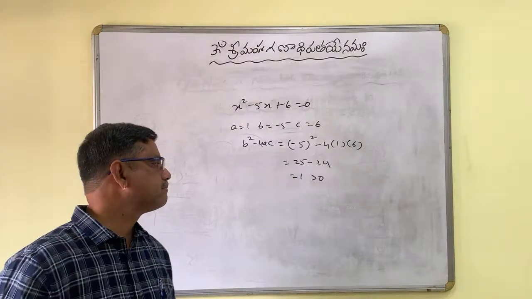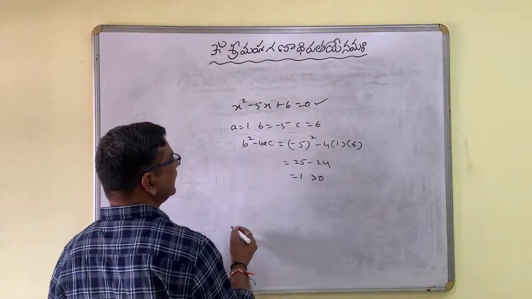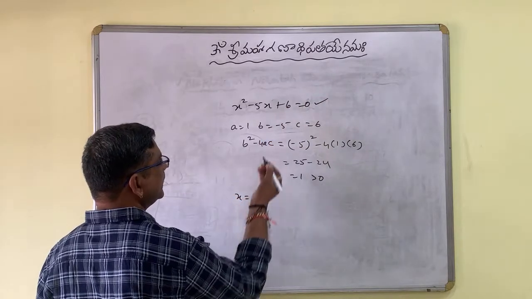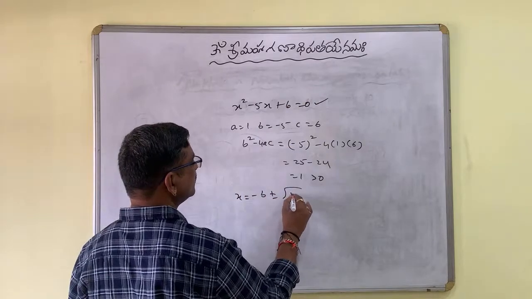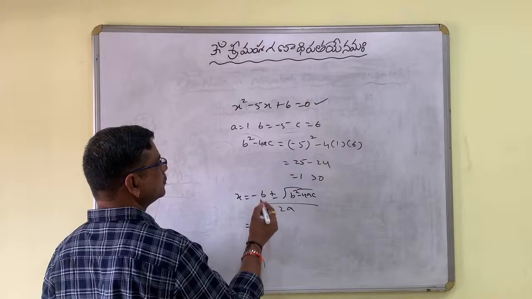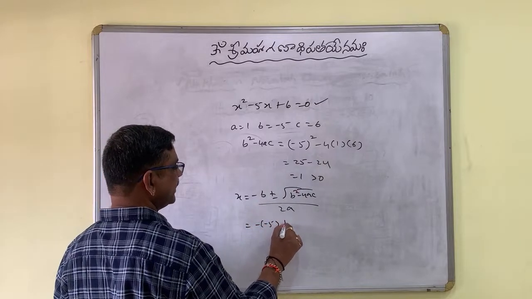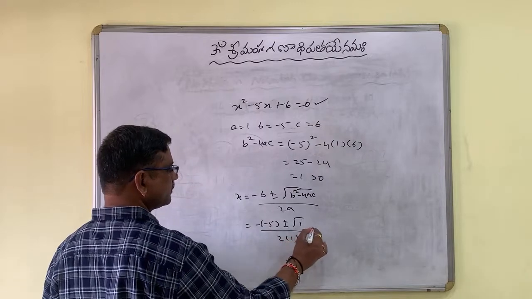Is that right? Now, this equation is having real roots, real and distinct roots. x is minus b plus or minus root over b square minus 4ac by 2a. Substitute the values: minus of minus 5 plus or minus root over 1 by 2 into 1.